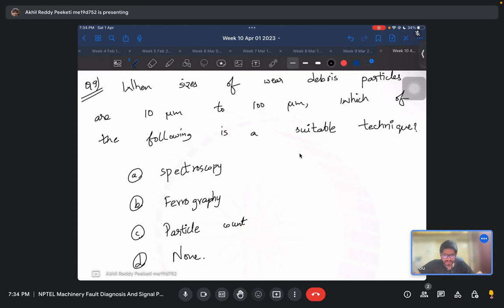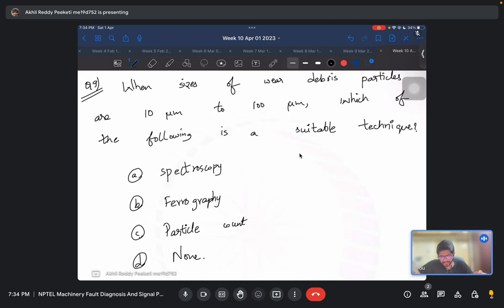Ferrography uses magnetic or iron particles; you can identify the materials and the quantities. Particle count is where you count the number of particles and see how much it is.